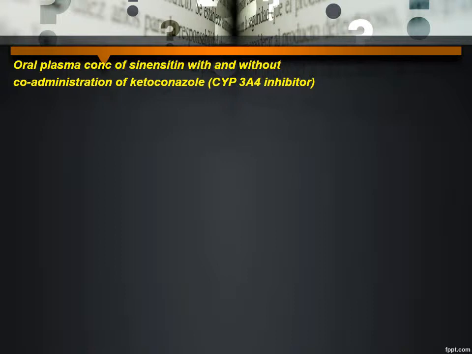So to make it clearer, we have case number 1, without ketoconazole.